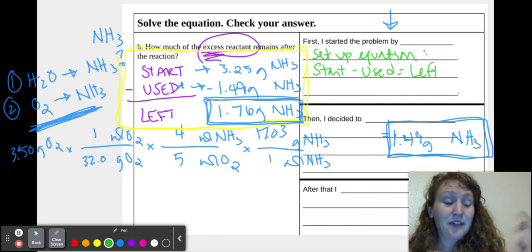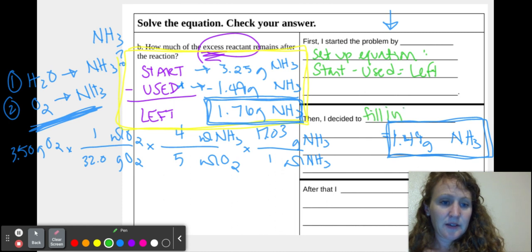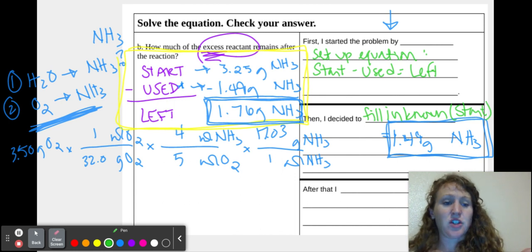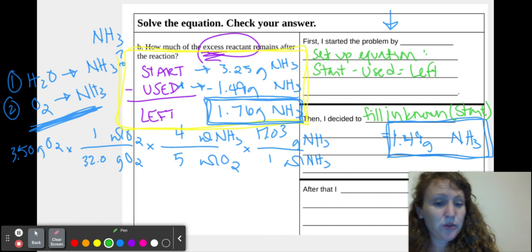Then I filled in what I know, which was the start. After that, I had to calculate how much I was going to use.